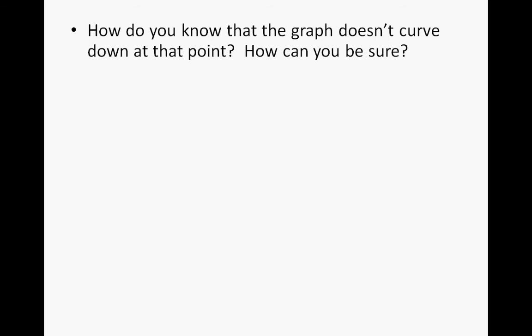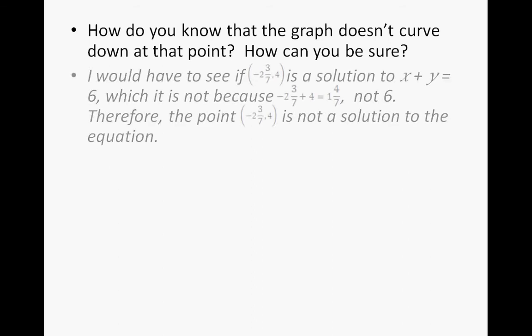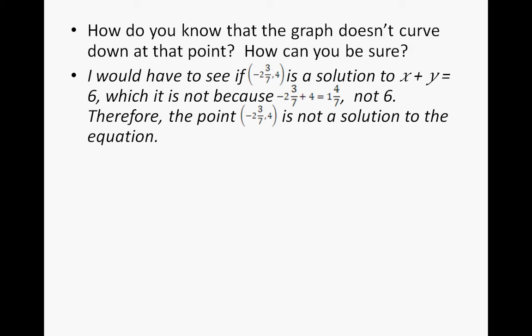How can you be sure? Well, you would have to see if (-2 3/7, 4) is a solution to x plus y equals 6, which it is not, because -2 3/7 plus 4 is equal to 1 4/7, not 6. So therefore, that point is not a solution to the equation.